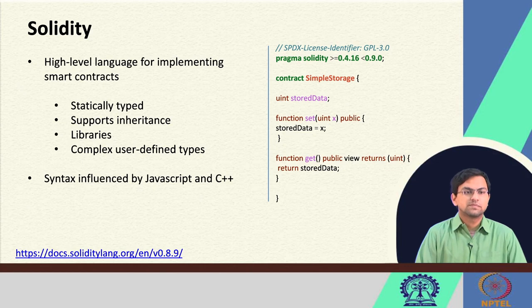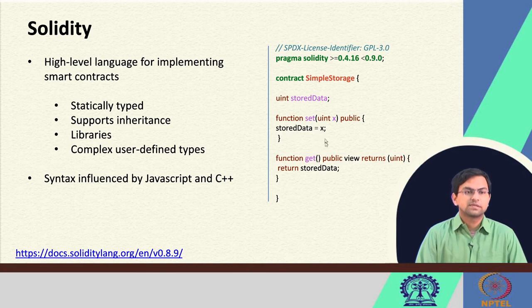On the code snippet on the right you can see that a contract is first defined with the keyword contract and then SimpleStorage. This is the name of the contract, it can be any name that you want to give it, and then it is followed by some state variables and then some functions. These functions are the way of executing the smart contract.